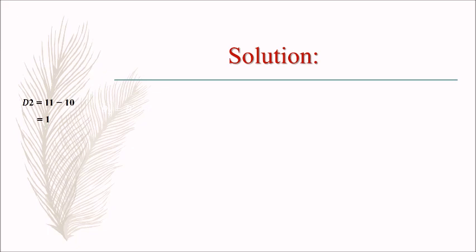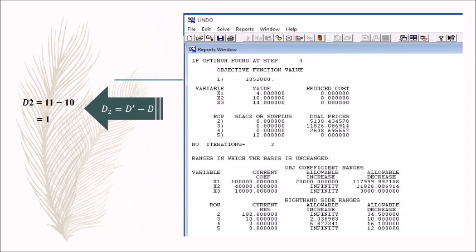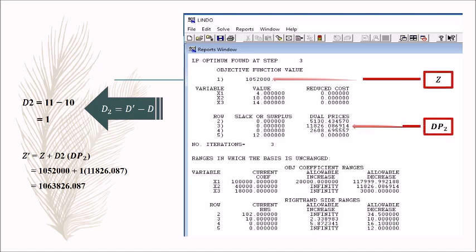Then we check the right hand side range at the window output. Since we know that delta 2, which is 1, is still in the range, we proceed with the calculation to get the new Z. By using the formula, we get the value from the window output, Z from the objective function value, and dp2 from the second row of the dual prices section.